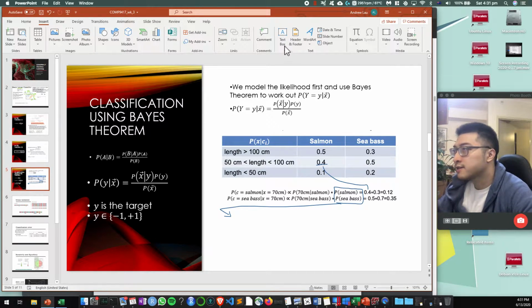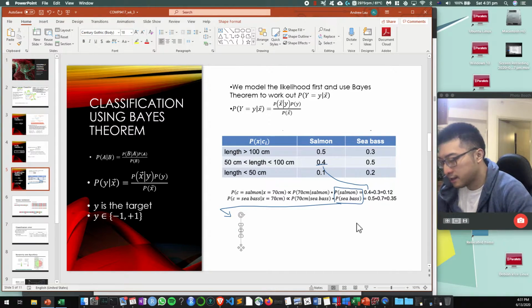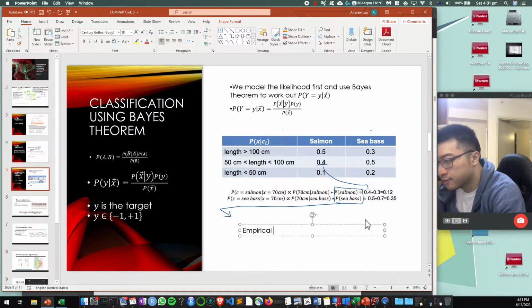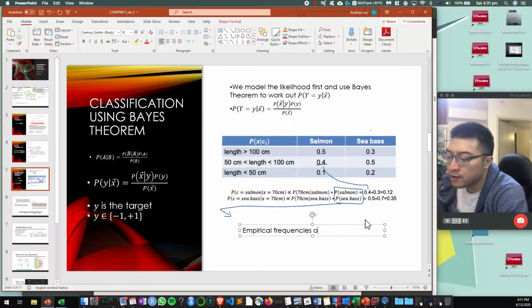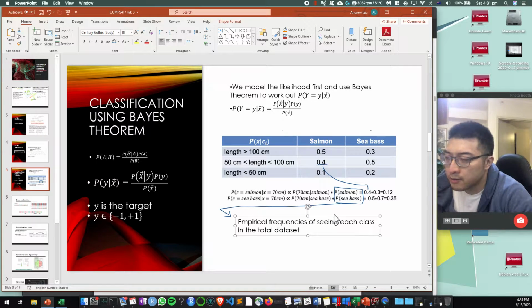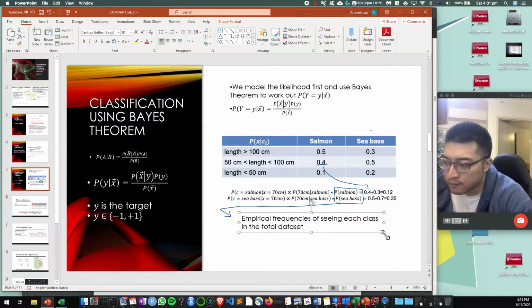This is the empirical frequencies of seeing each class in the total data set. And this is P, but we're going to use an estimate.